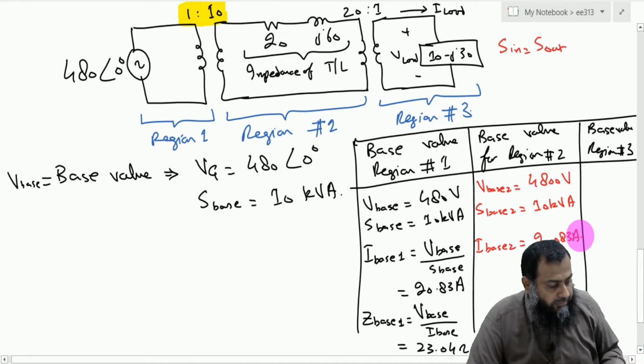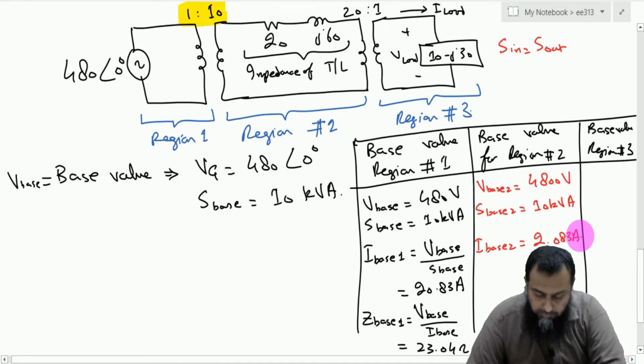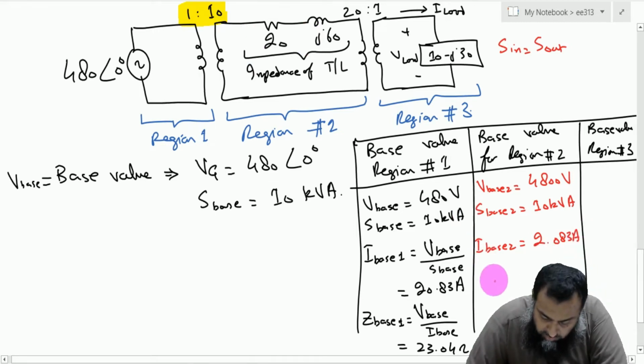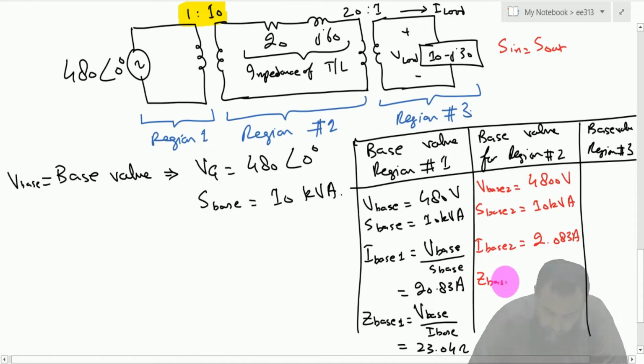This is the total amount of base current flowing in region number 2, and therefore Z base 2 becomes equal to 2304, right?